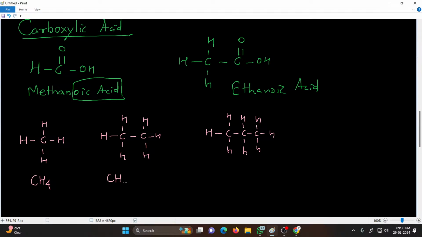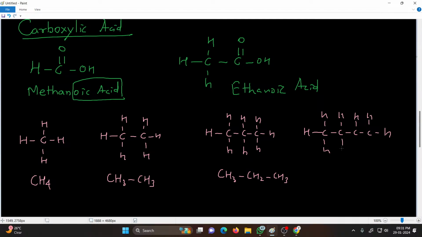This is CH3 single bond CH3. This is CH3CH2CH3, and similarly we can have butane, which can be written as CH3CH2CH2CH3.